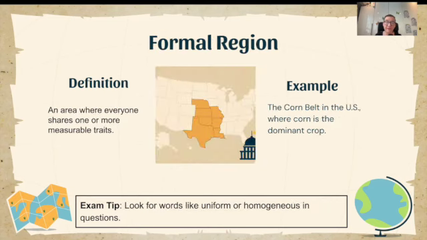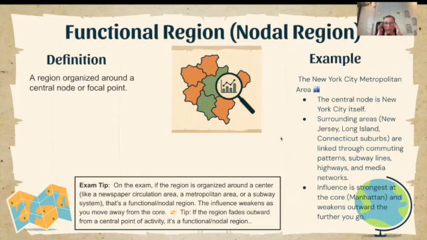Formal region. The definition is an area where everyone shares one or more measurable traits. For example, the Corn Belt in the US, where corn is the dominant crop. Look for words like uniform or homogeneous in questions. Okay, so now let's talk about functional region or the nodal region. The definition is a region organized around a central node or focal point. Here's an example, the New York City metropolitan area. The central node is New York City itself.